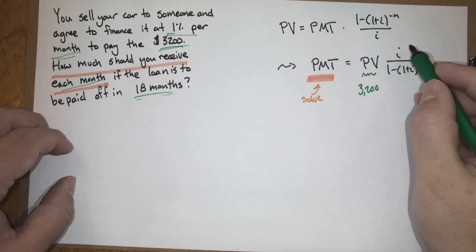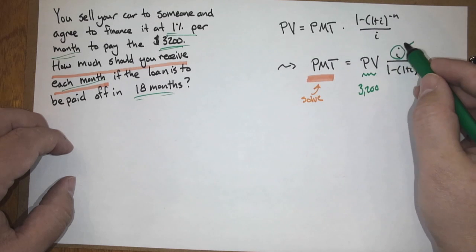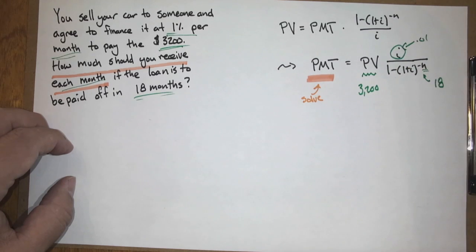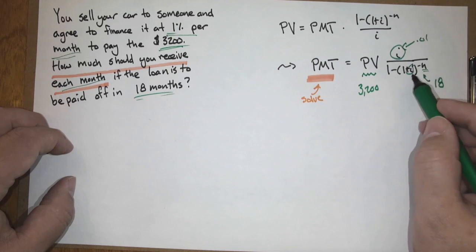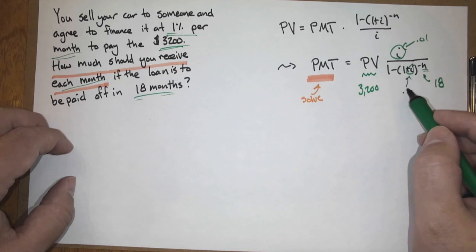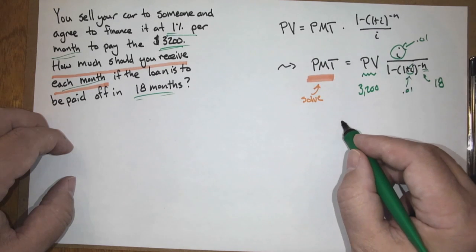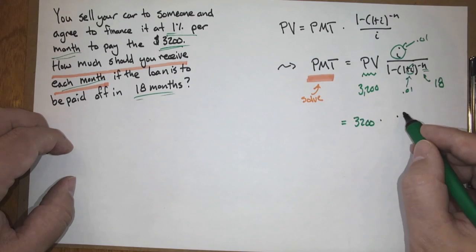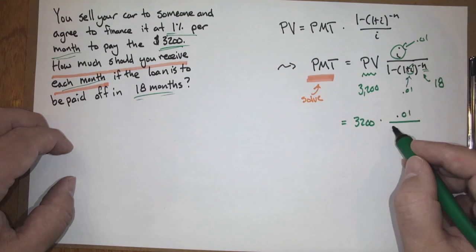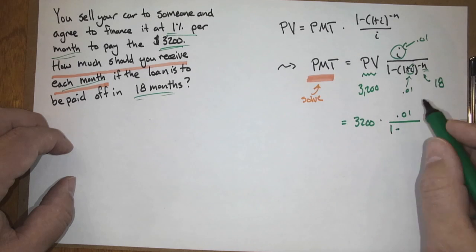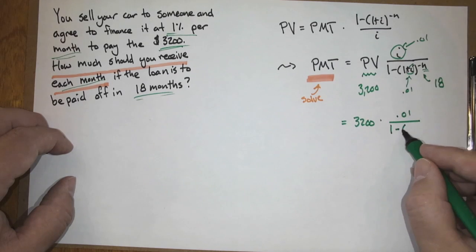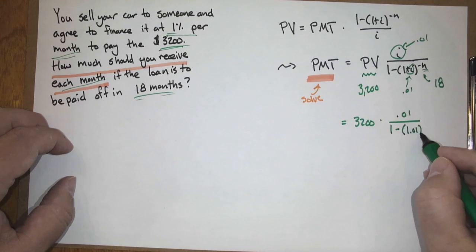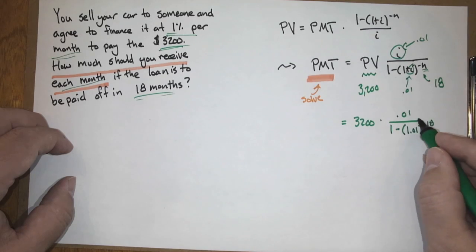So our I, in our case, is going to be 0.01, because each month is 1% interest. So this makes it 3,200 times 0.01 divided by 1 subtract, and 1 plus 0.01, that's 1.01 to negative 18.